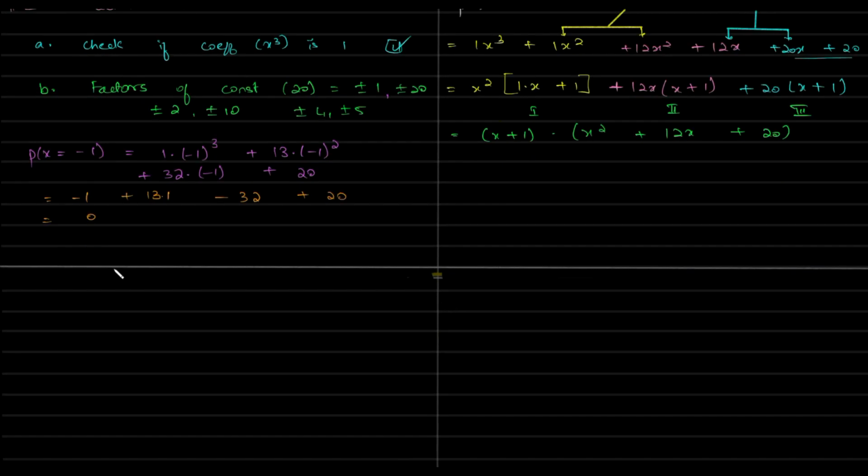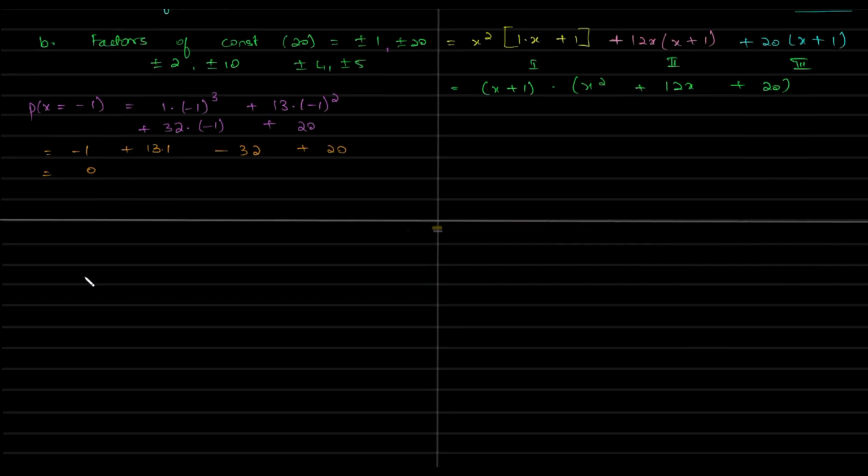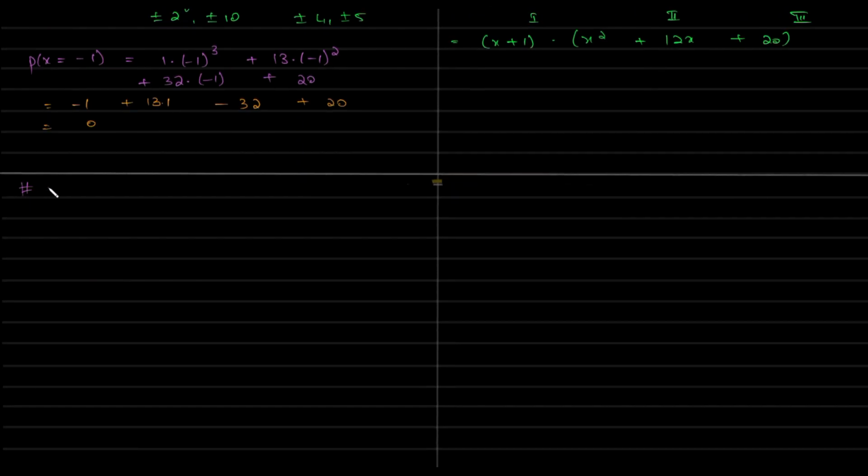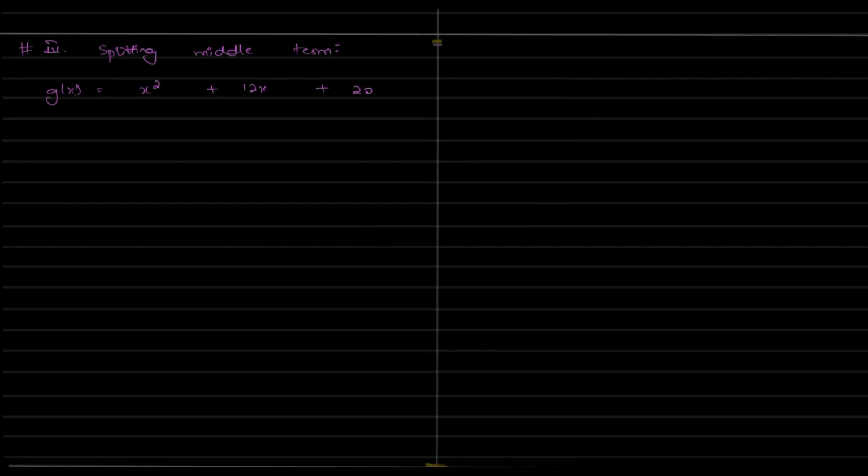Okay, so the fourth step is splitting the middle term of g of x, which is equal to x square plus 12x plus 20. So what do we need?